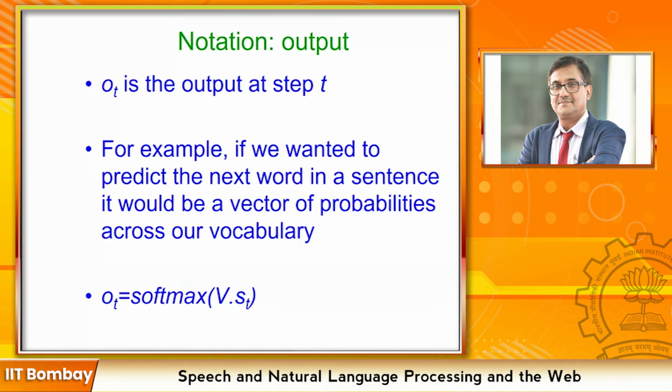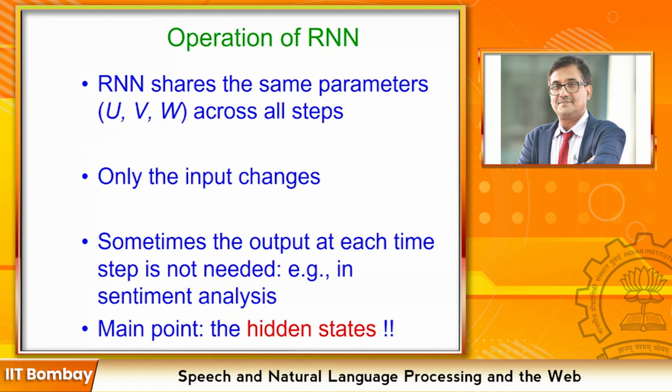So now the RNN shares the same parameters U, V, W across all the steps. Only the input changes, and of course the state also changes. Sometimes the output at each step is not needed, for example, in sentiment analysis. But the main point is the hidden states, not hidden layer, but hidden states.